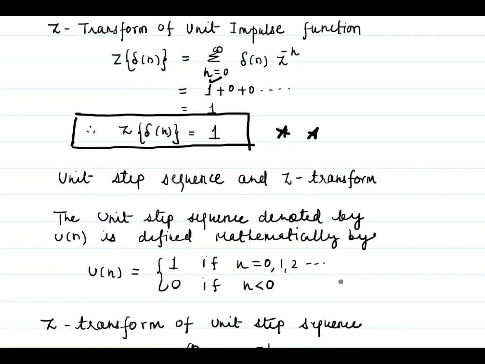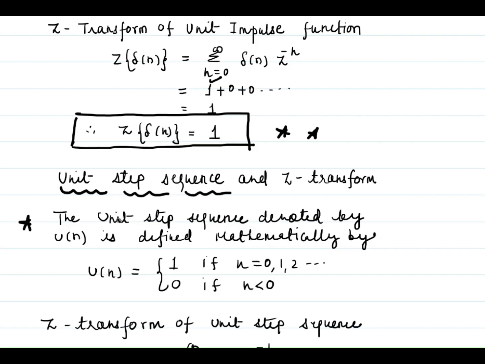Now we are talking about the unit step sequence and its Z transform. First of all, let's define in mathematics what the unit step sequence is. It is defined by u of n.